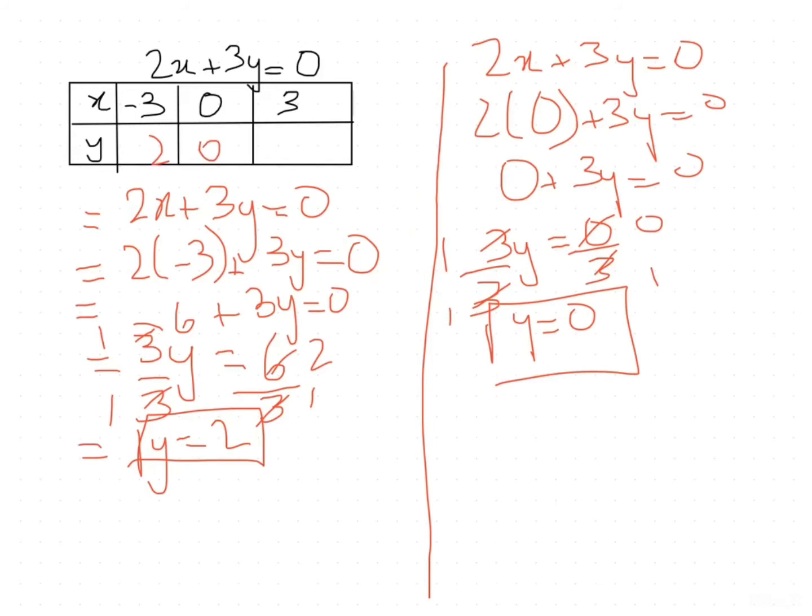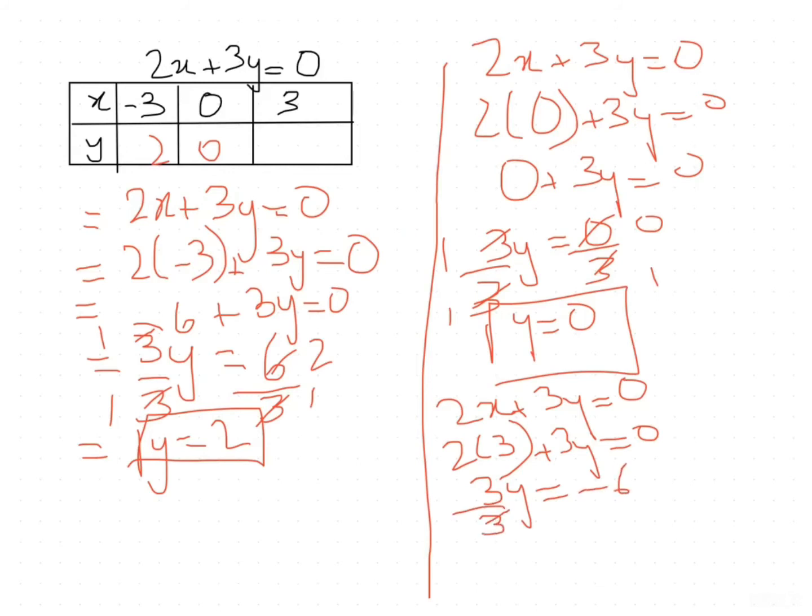Now our last value of x comes, 3. 2x plus 3y equals 0. Then 2 times 3 plus 3y equals 0, so 3y equals -6, and y is -3. So we have found all the points that we have to mark. Let's plot them on the graph sheet.